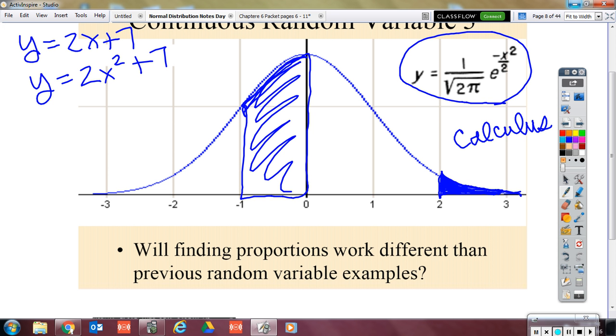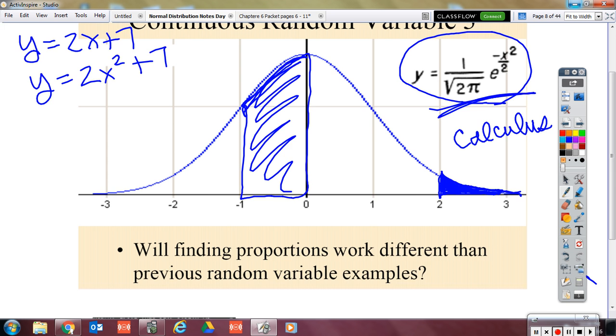But the numbers on that resource packet were made using that calculus. When we punch things into our calculators, those come from using this function and integrating with calculus. So that's why we use our calculator or these tables for a lot of these numbers, because finding this area is not something we are mathematically advanced enough to do on a regular basis.